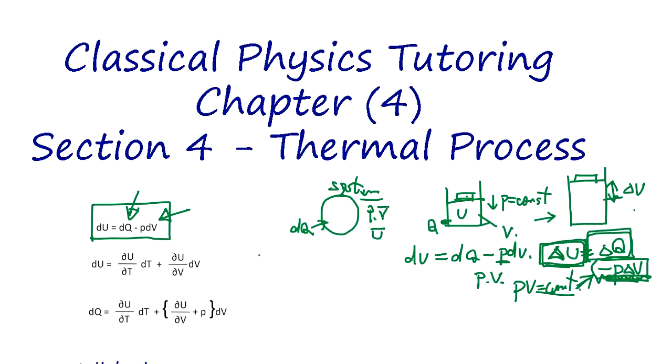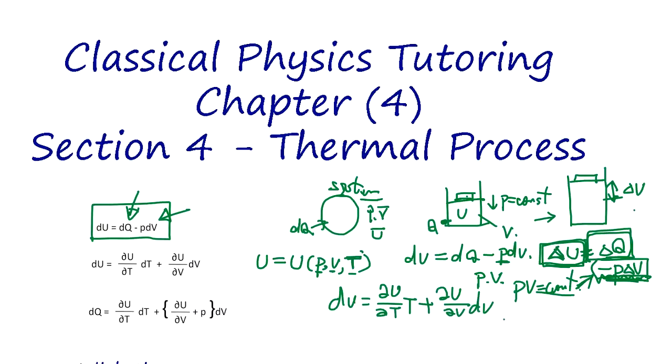So the internal energy, in the ideal gas, depends on pressure, volume, and temperature. Even for a non-ideal gas, there are three parameters. So dU is actually (dU/dT) dT plus (dU/dV) dV.